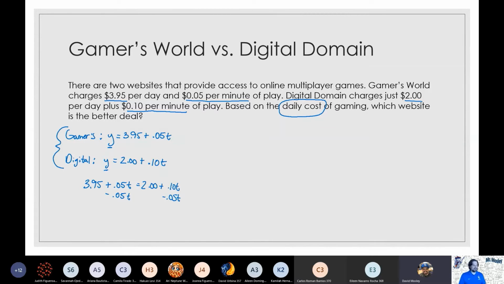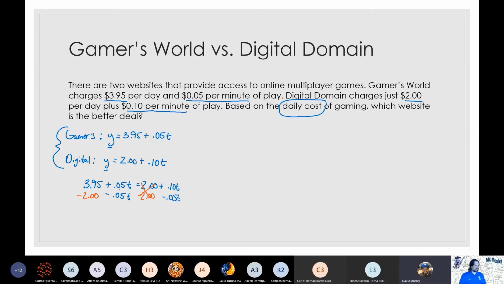And I like positive valued variables. They're easier to work with. Since I'm doing that, I'm going to do two steps at once. Since my variable is going to end up on the right-hand side, I'm going to subtract 2 from each side as well.